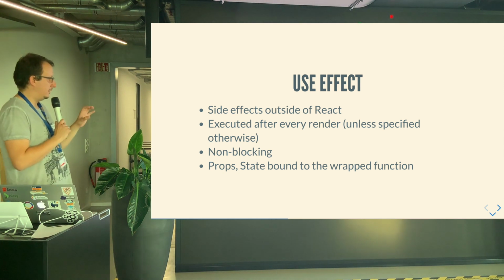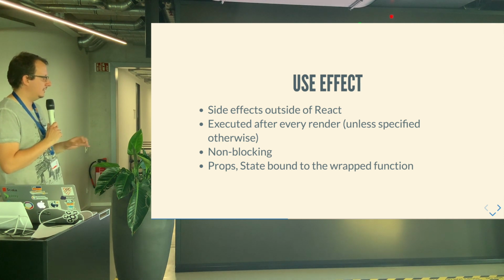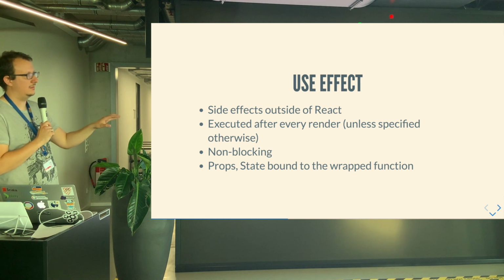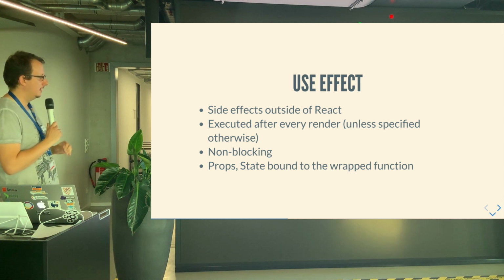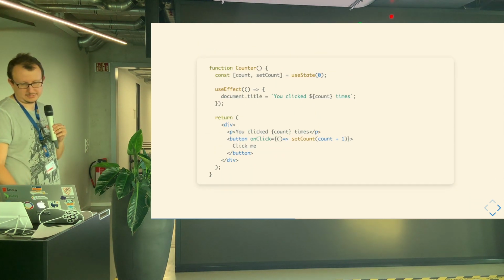Also, something which might be a bit interesting is that the props and the state are bound to the wrapped function in the effect. I will show you later what this means.